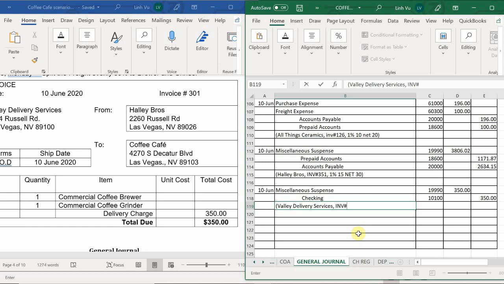This was for invoice number 301. How did you pay the bill for invoice number 301? We paid it with a check, 1511. Good. And again, you can also put COD for delivery, because that's why you paid.